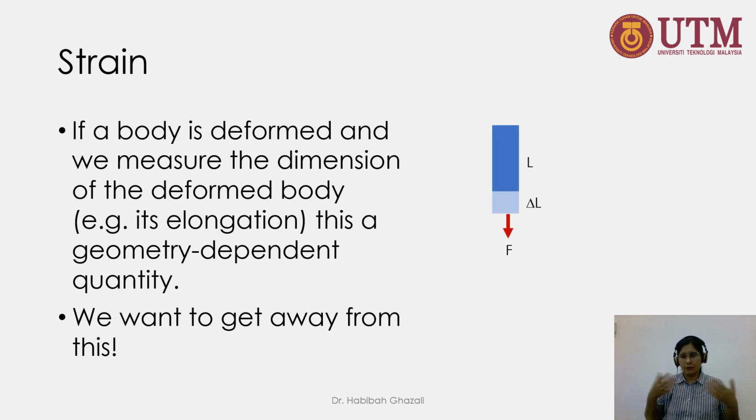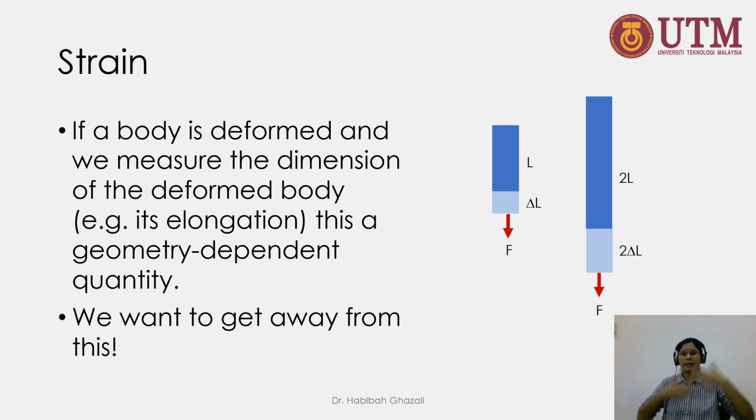If let's say I have this material here and I applied a force P here and it's elongated by delta L, the same material with the length of 2L, if I applied force P here, it's deformed by 2 delta L. But every time I have to specify the actual length. So we don't want to have to specify the actual length.